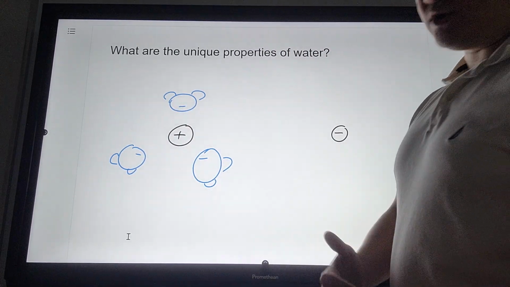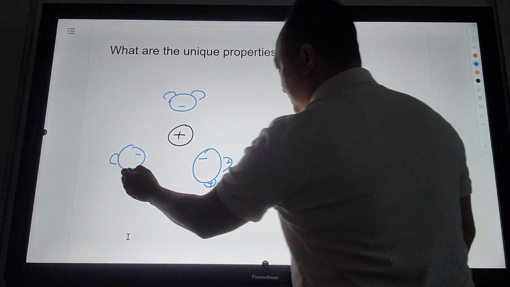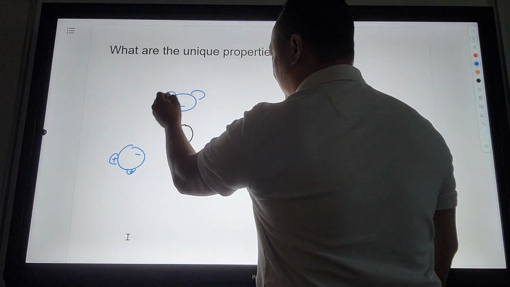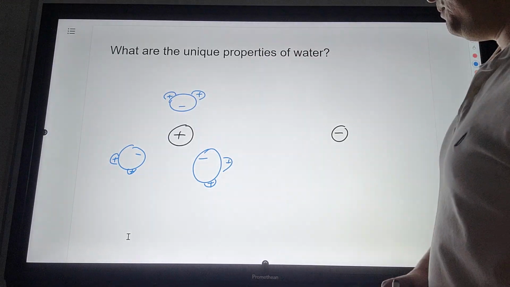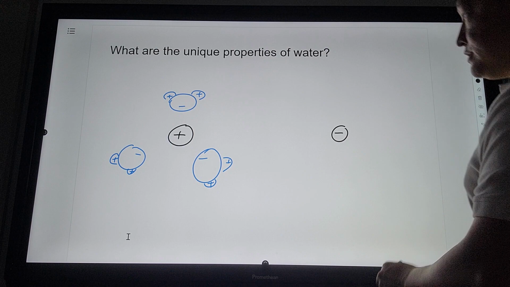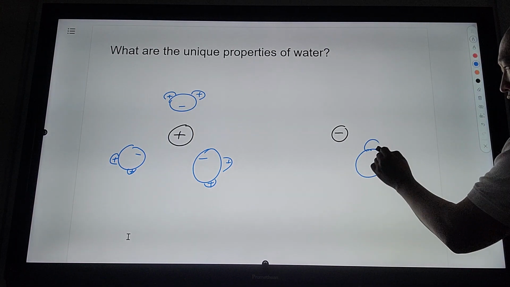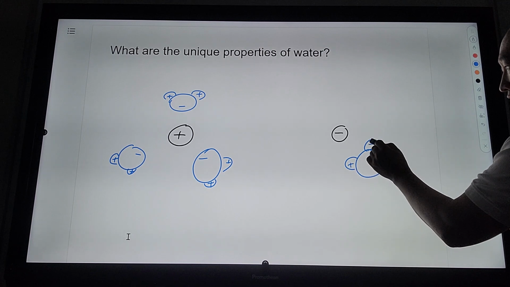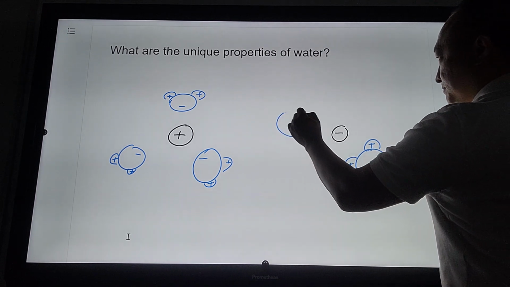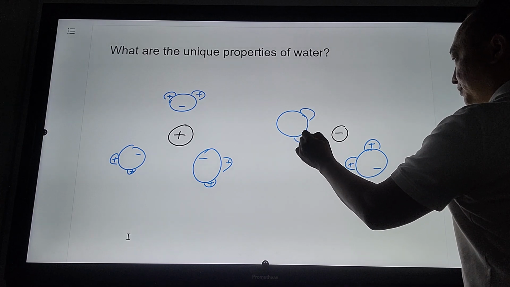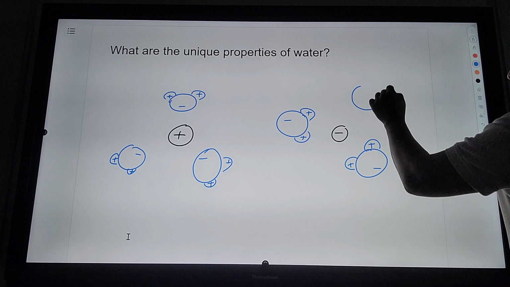So the opposite charges attract, and then it's the hydrogen sides that are positive. So those would be facing away from the positively charged ion. All right, now over here to the right, it's going to be quite the opposite. The positive sides of the water molecules are going to face the negative ion.